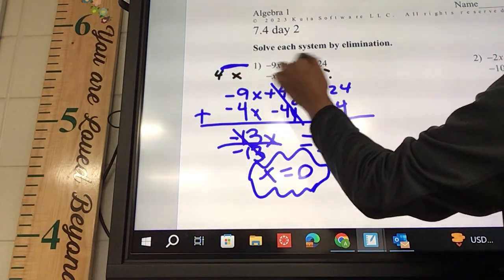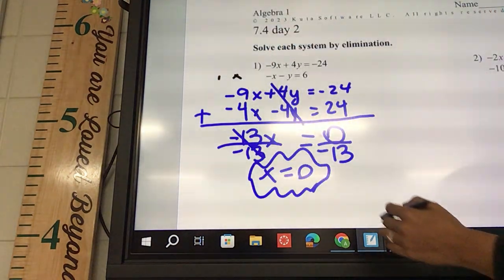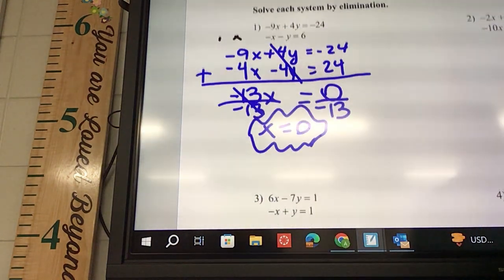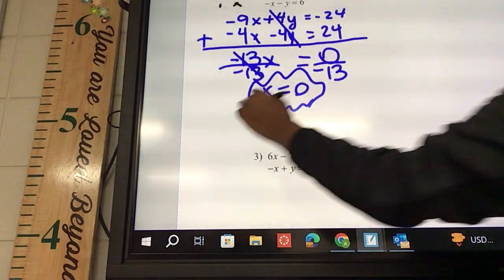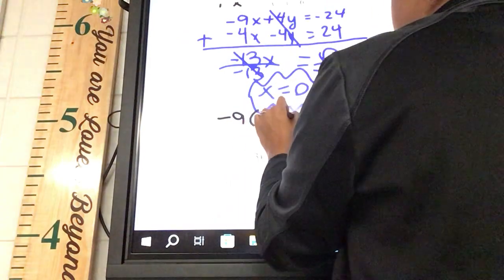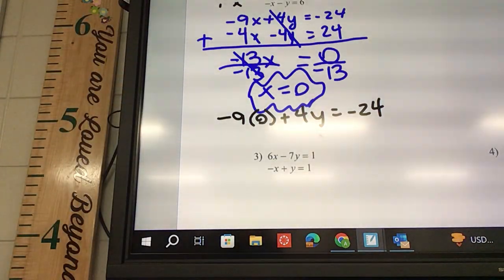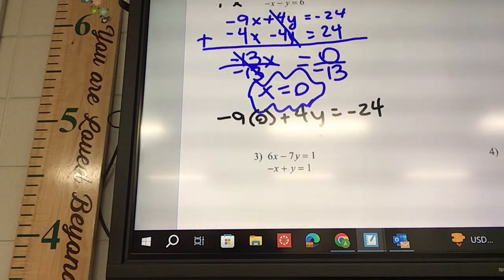Would you like to use equation 1 or equation 2? Equation 1? Okay, so equation 1 says negative 9x, and instead of x, I'm putting a 0, plus 4y equals negative 24. If you picked equation 2 and put the 0 where the x is, you'll end up getting the same thing as me.